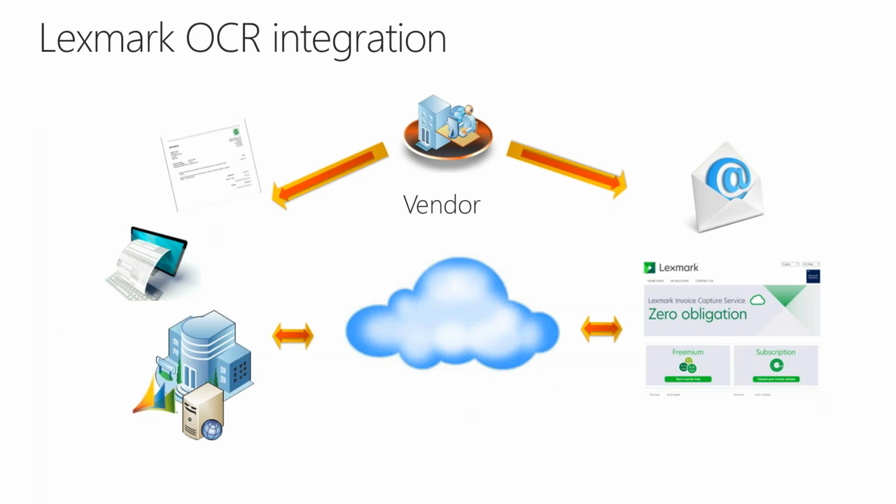Another thing they have done is with the 2016, I believe, they introduced the Lexmark OCR integration, where you can scan a printed invoice and send it to Lexmark in order to have it OCR recognized, and then Lexmark will send back the actual rendered information to you.